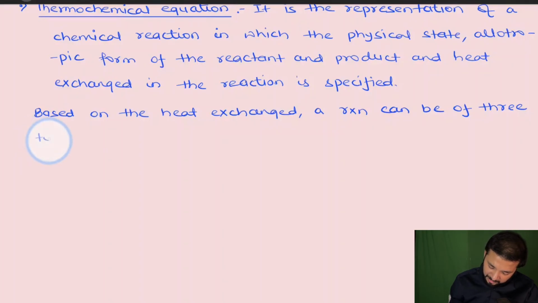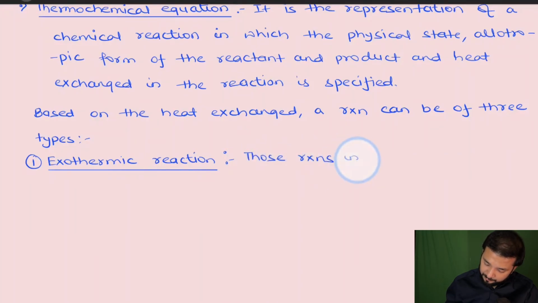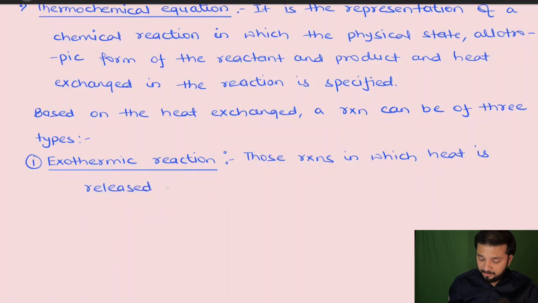What are those types of reaction? First one is exothermic reaction. Exothermic reactions are those reactions in which heat is released. Those reactions in which heat is released are known as exothermic reactions.